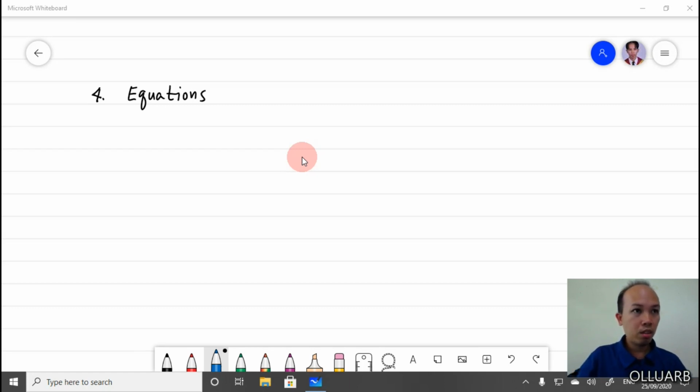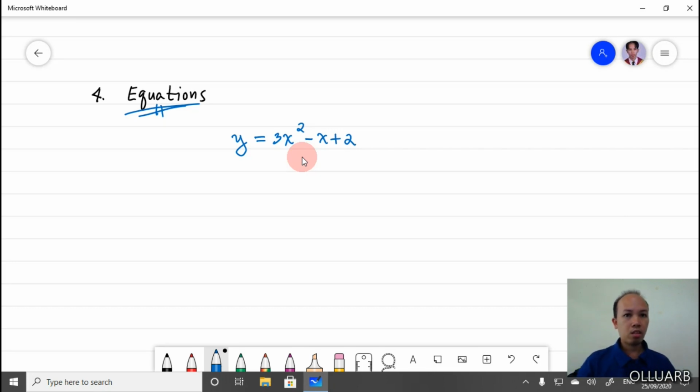You are familiar with this word, equations. So for example, if you are given an equation like this, 3x squared minus x plus 2, this is an equation, because you can see there is an equality sign.